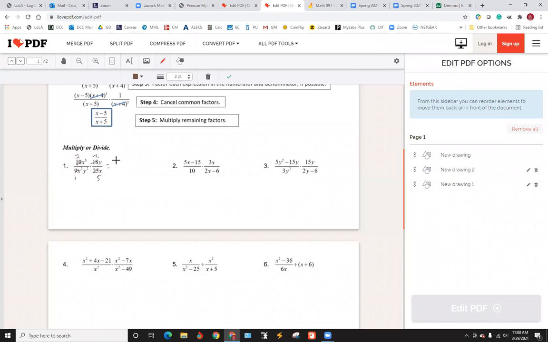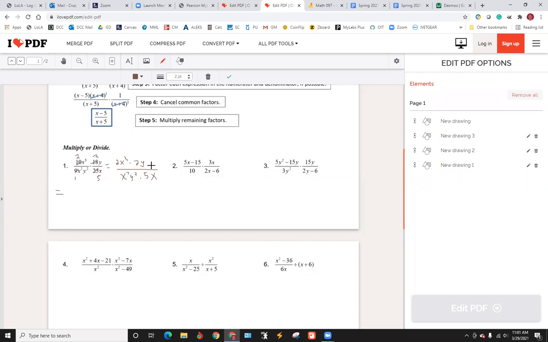So this ends up being 2, because it's still got the x cubed and the x squared there. And then down here I got x squared, y squared times 5x. All right, and just to simplify, I'm going to go ahead and multiply that now, because it's going to be easier to see the x's and y's that are going to come out.